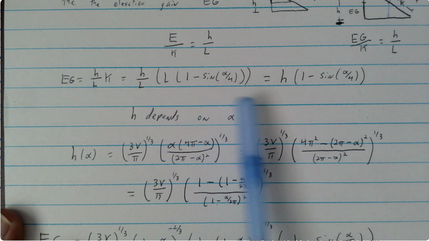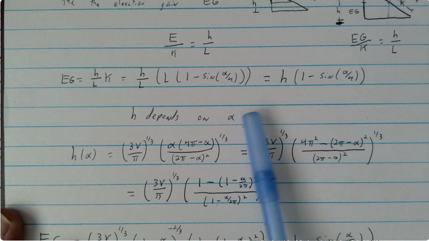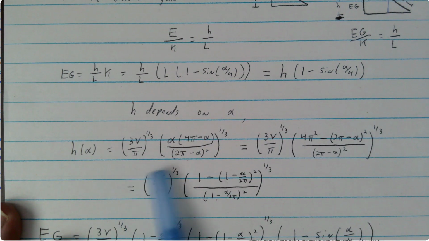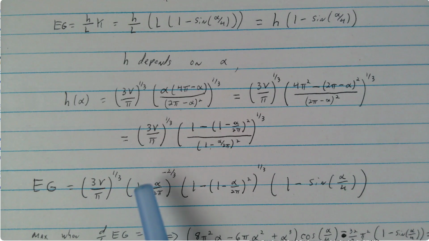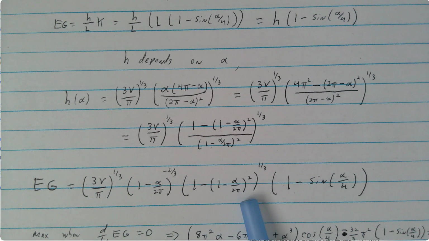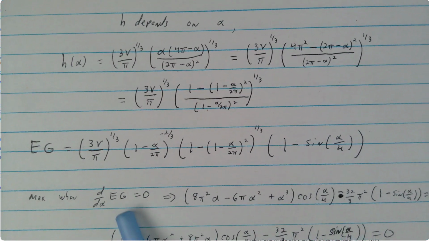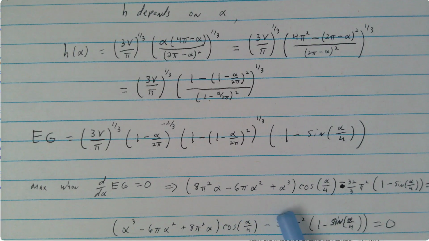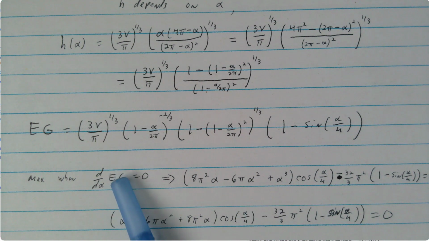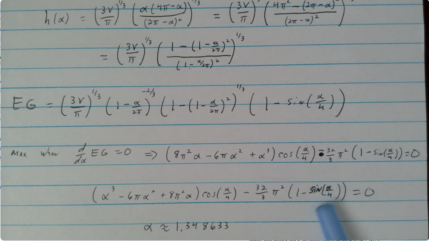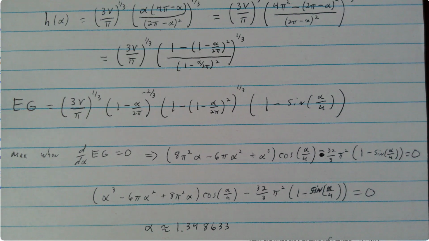So the elevation gain is h times this, but h depends on alpha, like so. Then the elevation gain: there's the h in terms of alpha, times a 1 minus sine alpha. And it's maximized when the derivative with respect to alpha is 0. So this I farmed out.